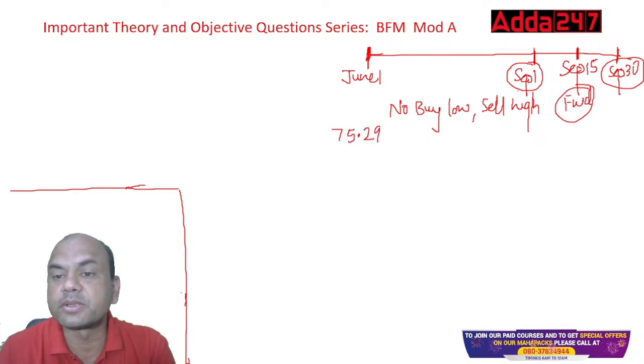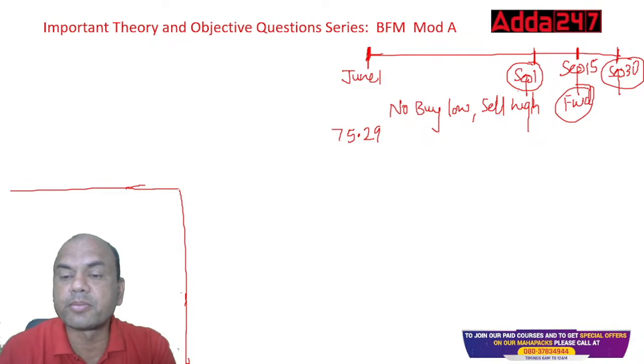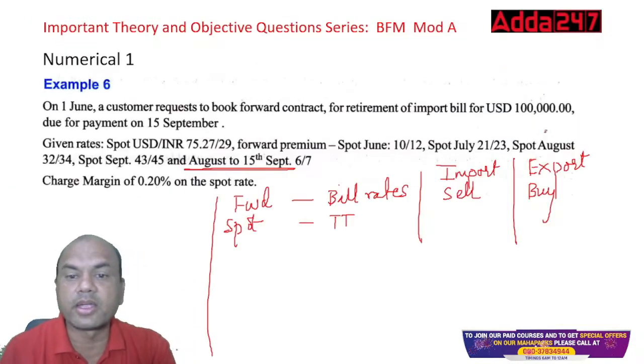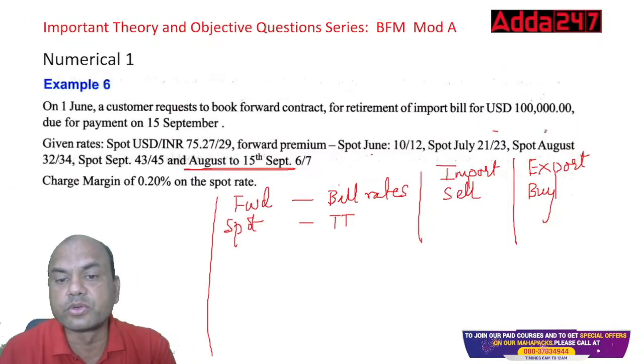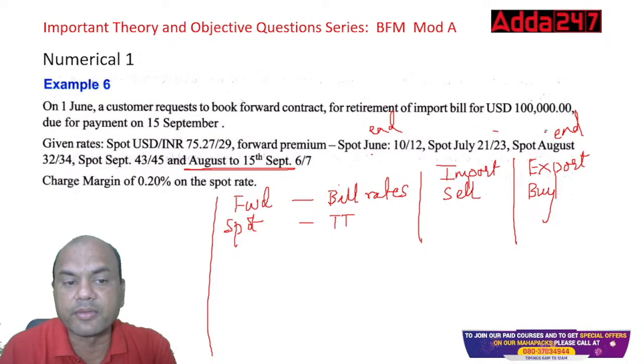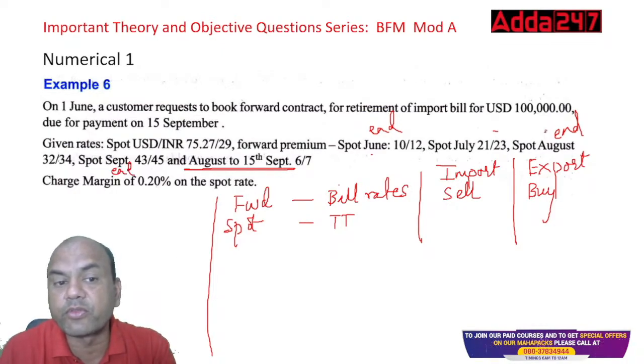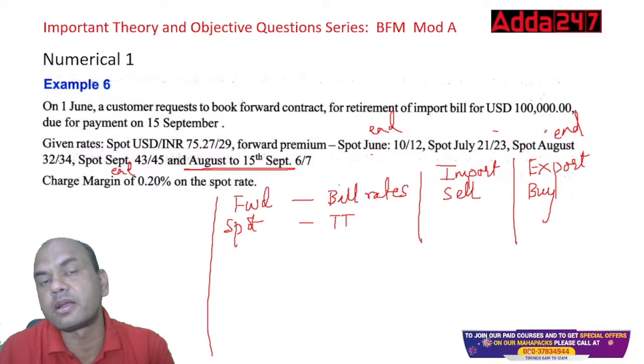Now I want September 1. What is the September 1 forward rate? See, the spot is given for June. Whenever I say June, it means June end. Remember this: whenever I say July, it's July end, August end, September end. My transaction is on September 15th, so I can't use the September end rate.